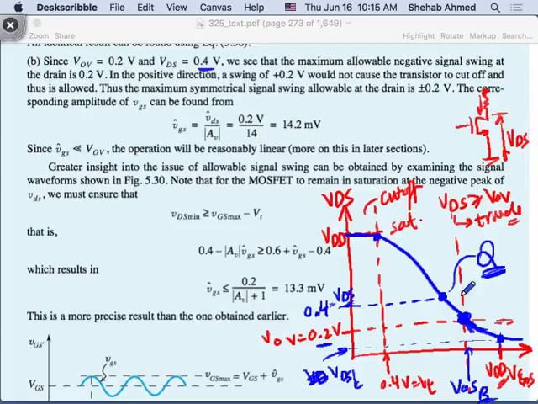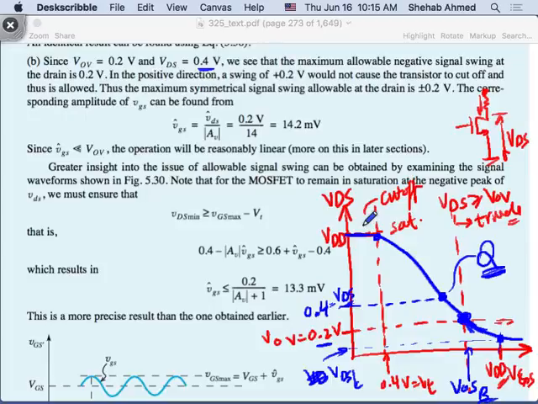Now they're asking us, what is the maximum allowable swing? The maximum allowable swing is defined from my operating point. If I move into triode, I've lost.